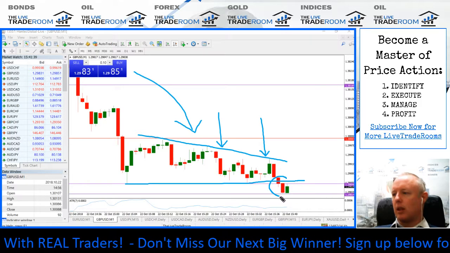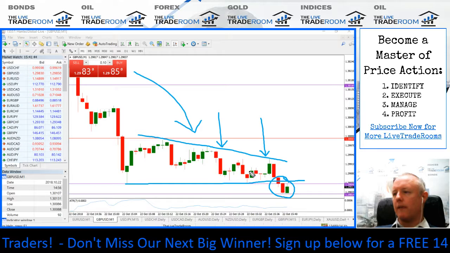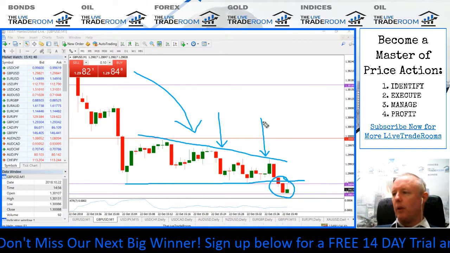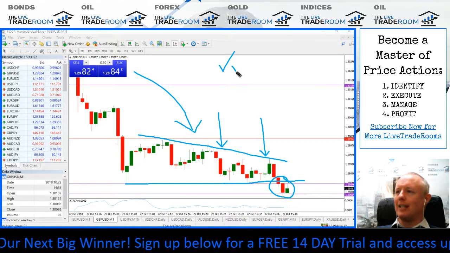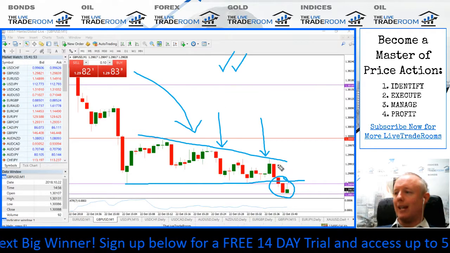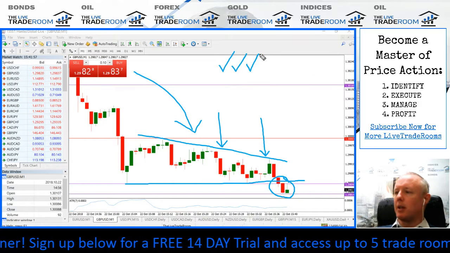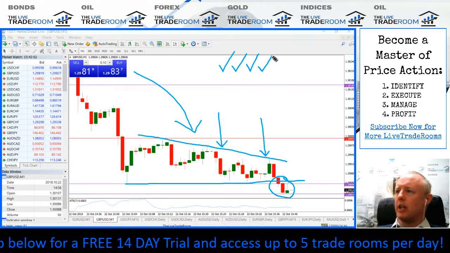That's what happens when you get a breakout of this kind of downward moving price action. We've got a descending triangle, which is what this is. We've got a breakout to the downside with a bit of momentum, and now what we're looking for is continuation.